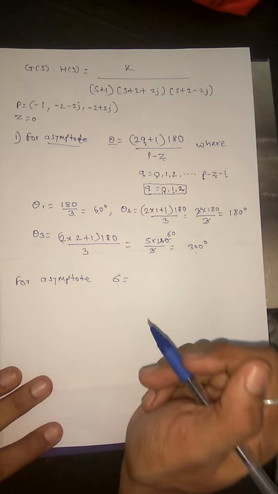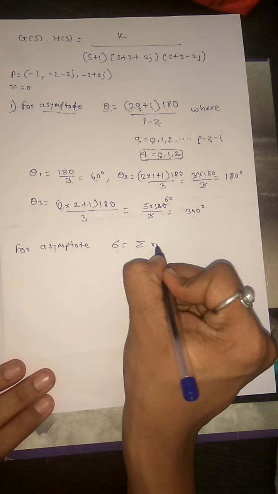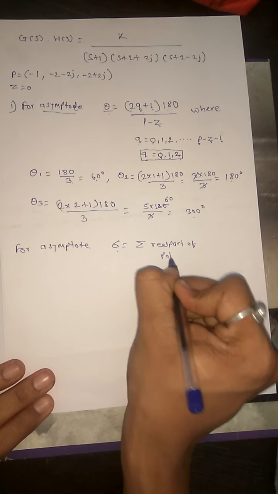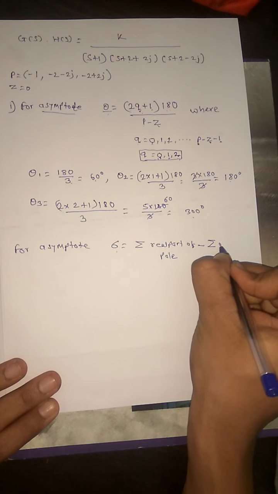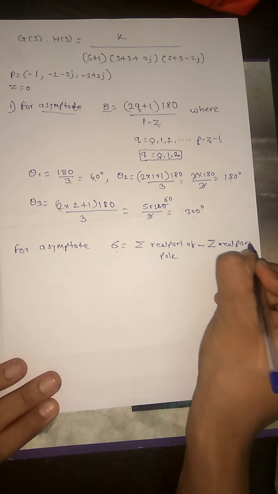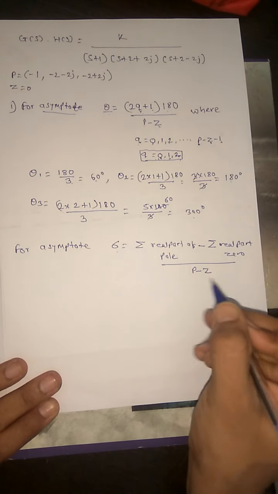And the formula for location of asymptote is the summation of real part of poles minus the summation of real part of zeros, divided by p minus z. That is the rule.